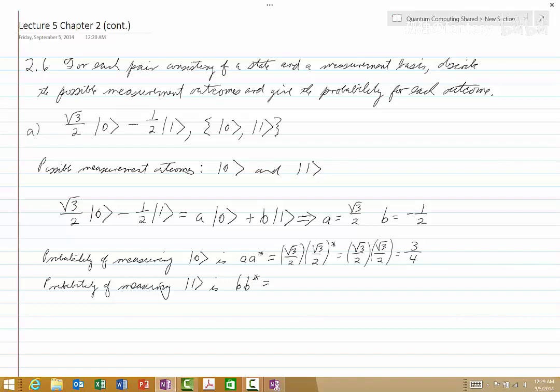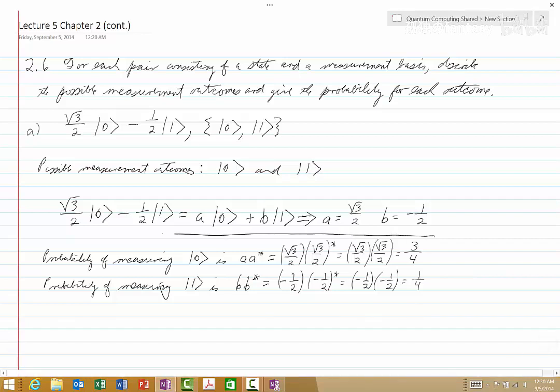And likewise, for the second probability, we have minus 1/2 times minus 1/2 conjugate, which is minus 1/2 times minus 1/2, which is 1/4.